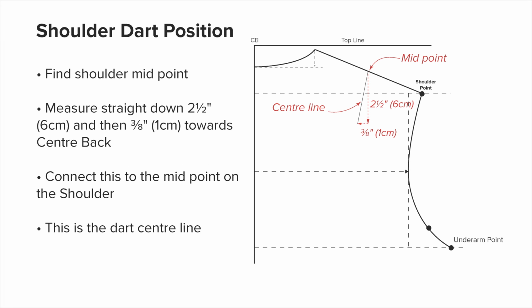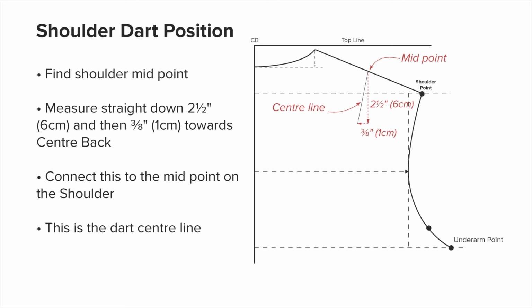The shoulder dart position. Find the middle of the shoulder and draw a vertical guide line down 2.5 inches, 6 centimetres and measure 3/8 inch, 1 centimetre to the left. This is the end point of the shoulder dart. Draw a line back up to the shoulder midpoint.